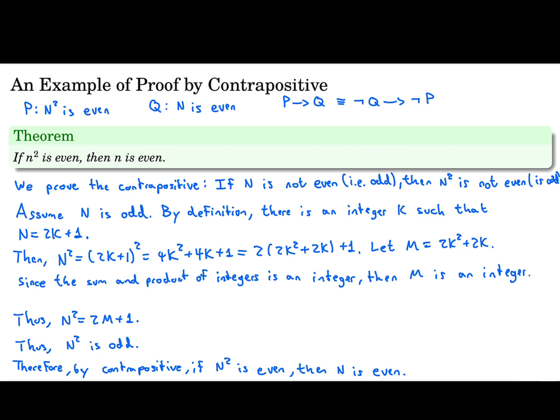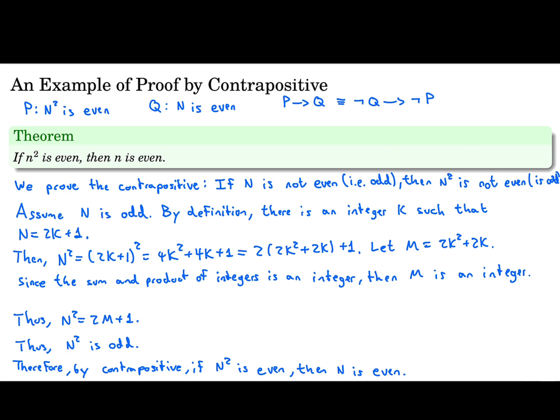So how do we do that? So we first assume that n is odd. Then by definition, there is an integer k such that n is equal to 2k plus 1. But then if you square n, you get (2k plus 1) squared, which gives you this expression here. And if you let m equal 2k squared plus 2k, then this m is going to be an integer, and n squared will be written in this form, where m is an integer, and this means that n squared is odd by the definition.